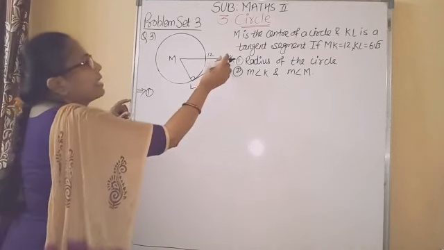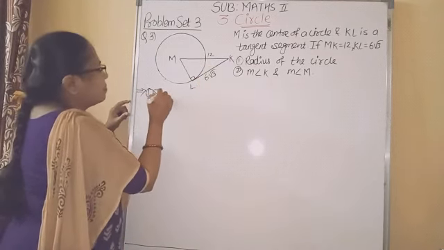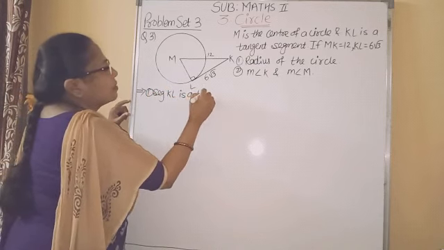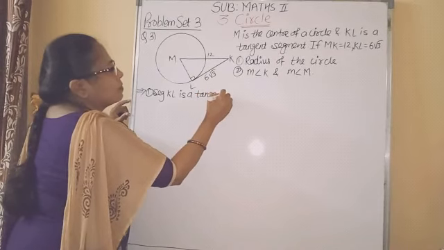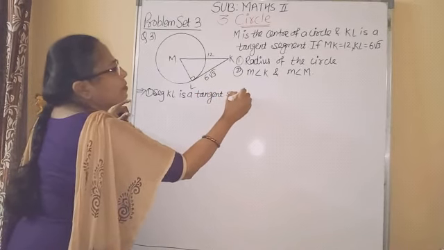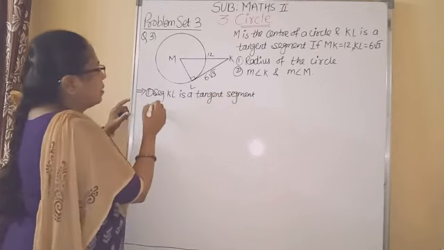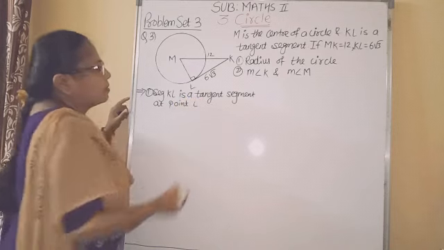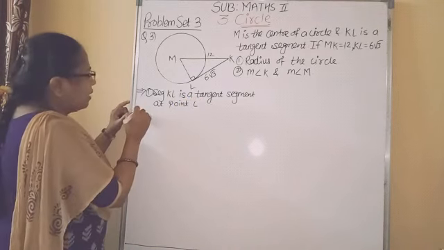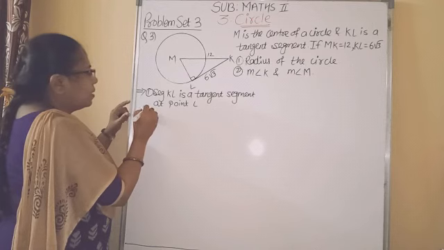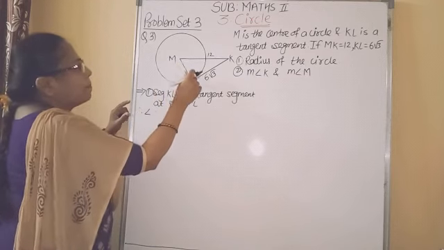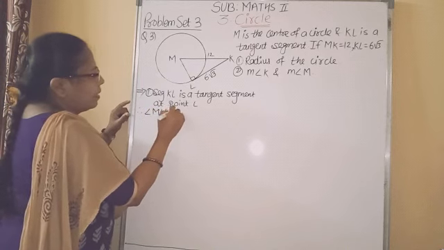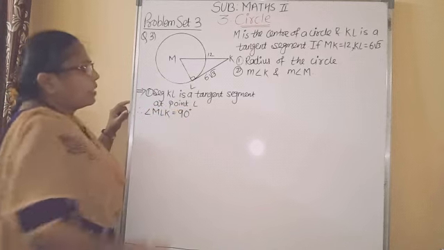First we will write: segment KL is a tangent segment at point L. Therefore, angle MLK equal to 90 degree.